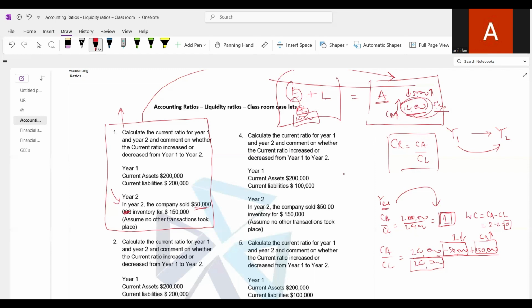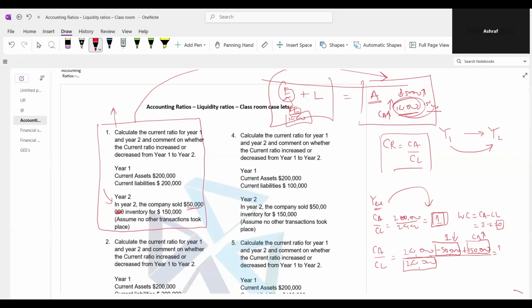So now what happened? My current assets are 200,000 minus 50,000 plus 150,000. What is my current asset total? 300,000. Is there any change in the current liability? No. So how much is my current ratio in year 2?